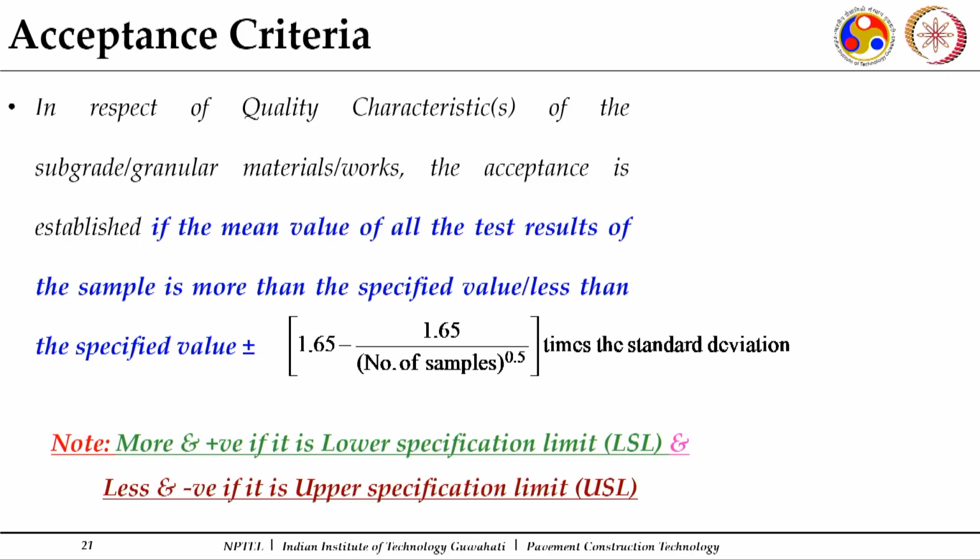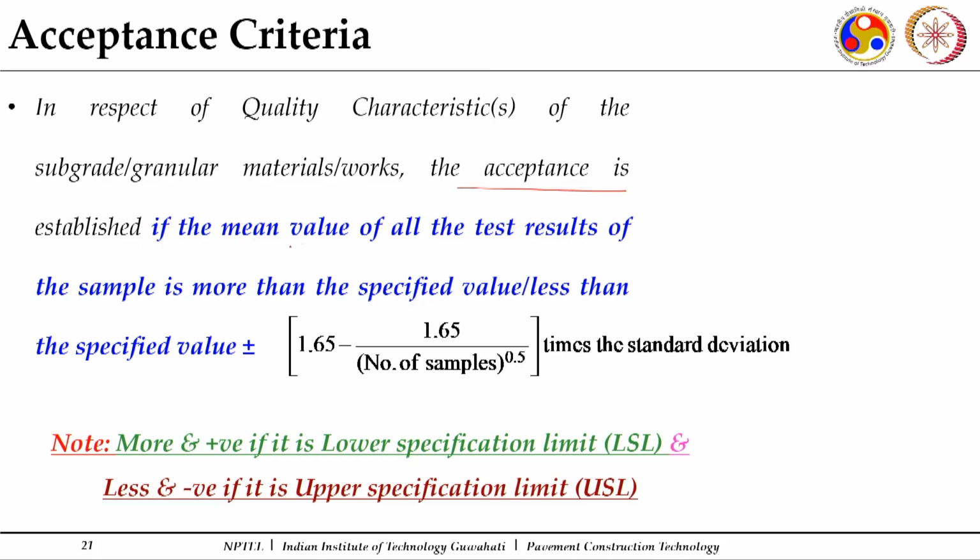Now, once the quality characteristic, the compaction density, has been measured in the granular courses and the subgrade, thereafter we try to ensure the acceptance. The acceptance is in this particular manner, for a 95% confidence level, when we are looking specifically at single limits, because here we are trying to ensure the density part.